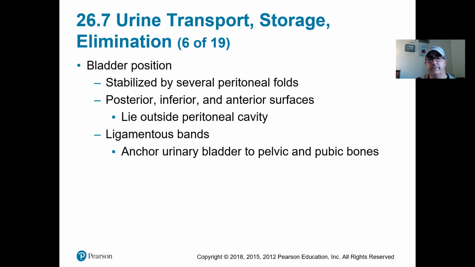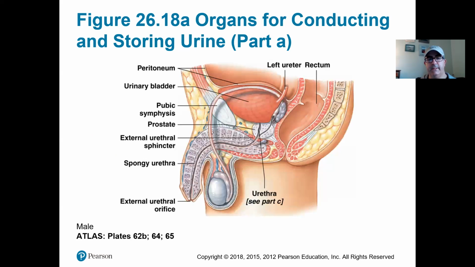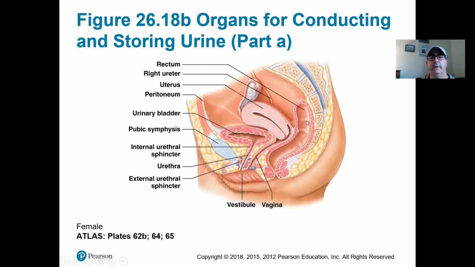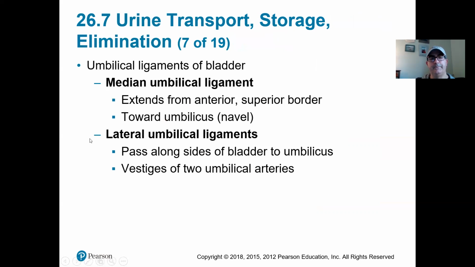It is anchored by ligaments, so it's anchored to the bones around it, and you can see the difference between the male bladder and the female bladder. The bladder's here. The urethra has to travel through the penis and out through the body that way, whereas from the female bladder to the exterior of her body, the urethra is only maybe half an inch long.